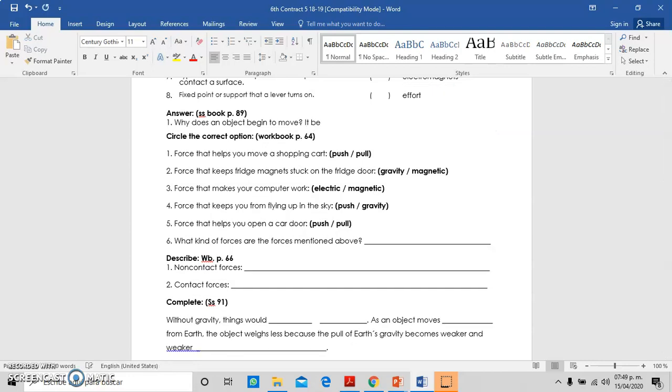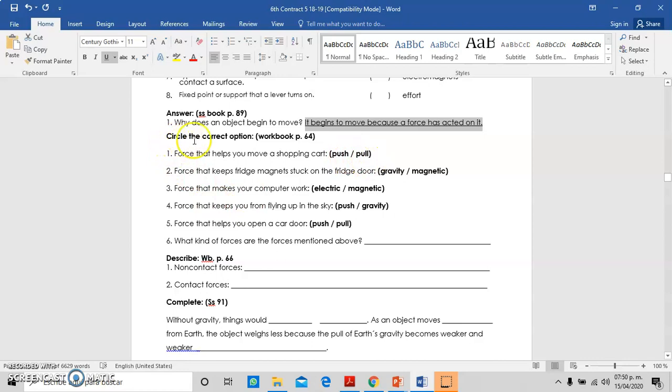It begins to move because a force has acted on it, right? If you want to move something, you need to apply a force.